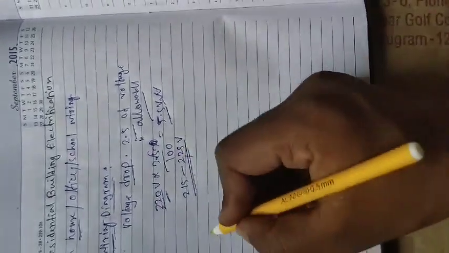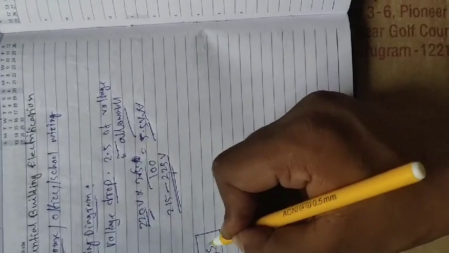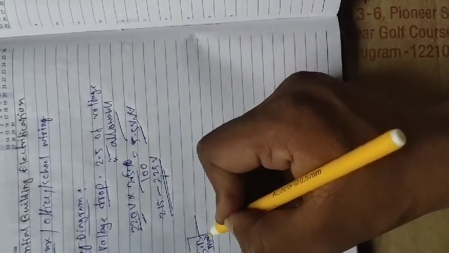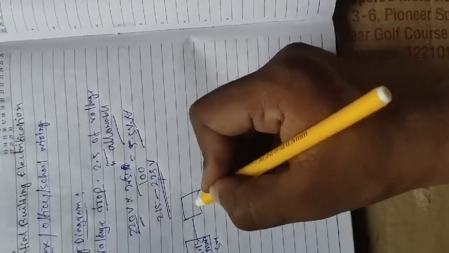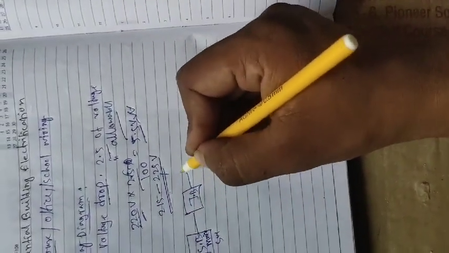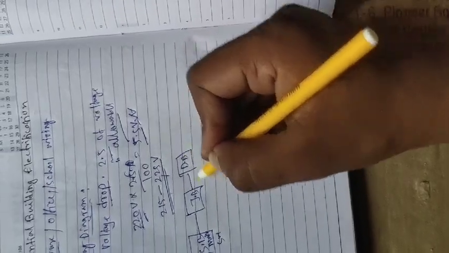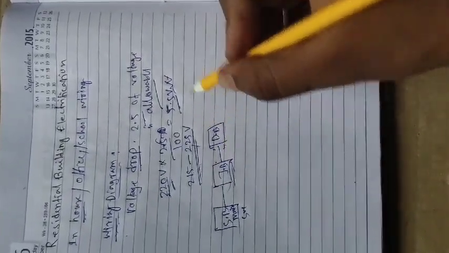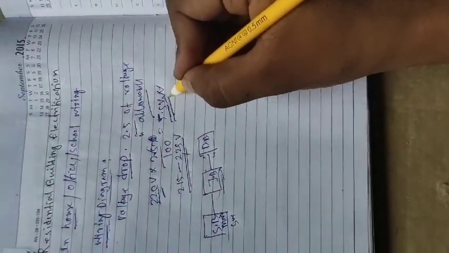But we also see the switchboard, suppose main switch to junction box to distribution box. Here also voltage drop is applicable, and how much is allowable? Half of this voltage.